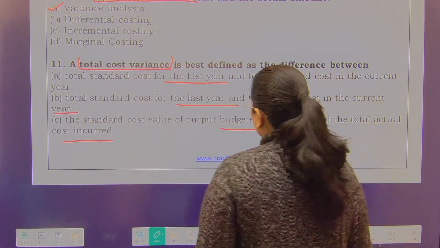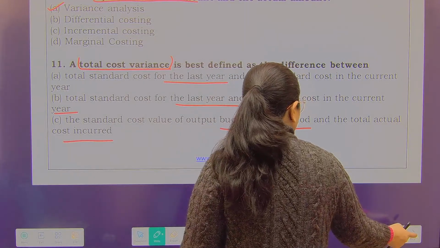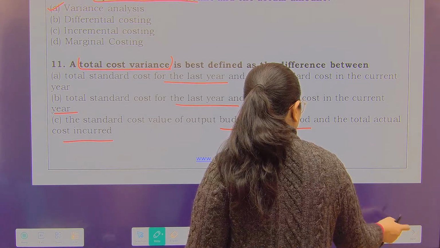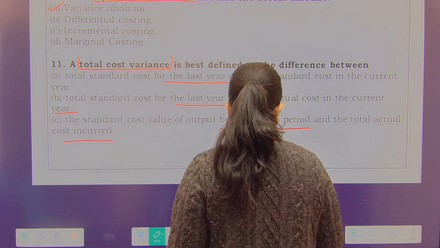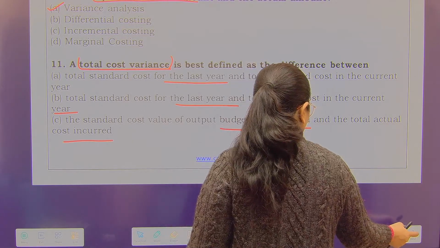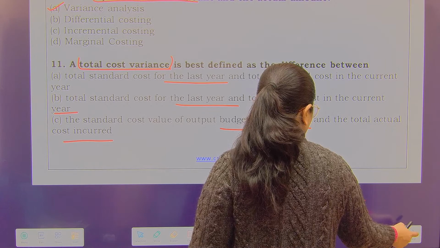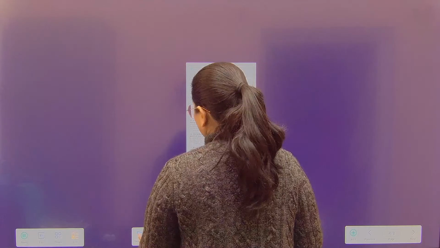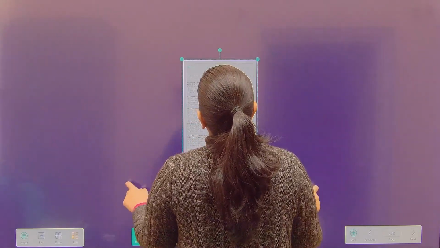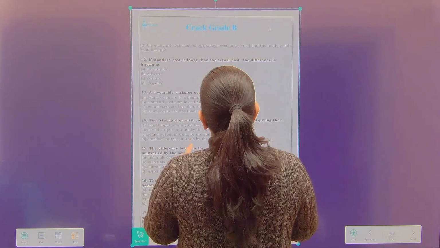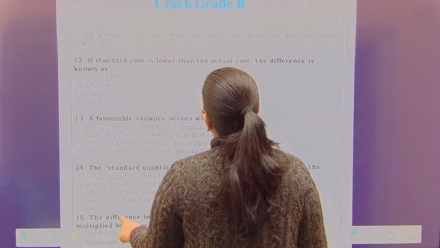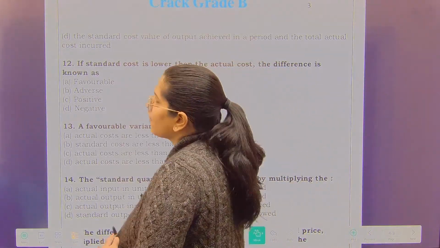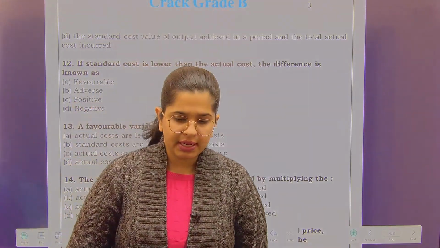And the next option is the standard cost value of output achieved and the total actual cost incurred. So which one should be the correct one? How do I find out my total cost? Can anyone please tell me?